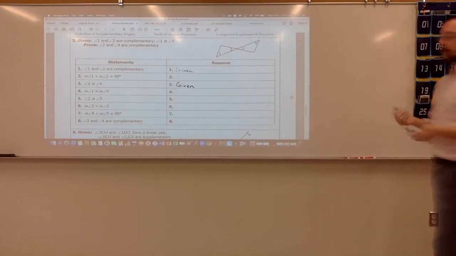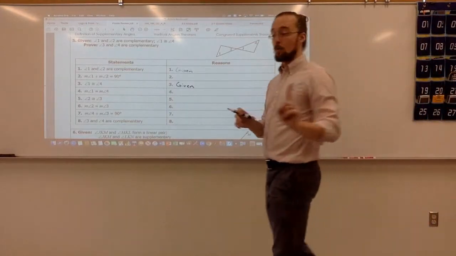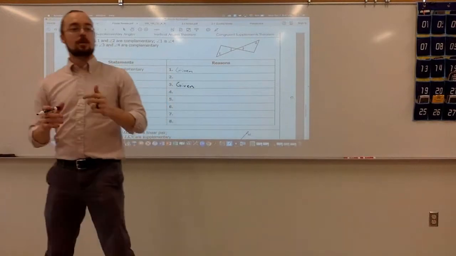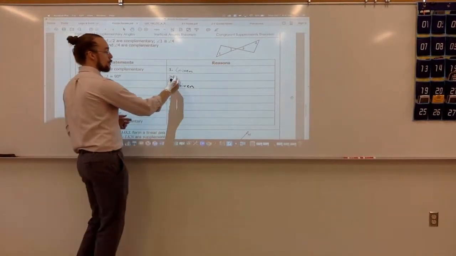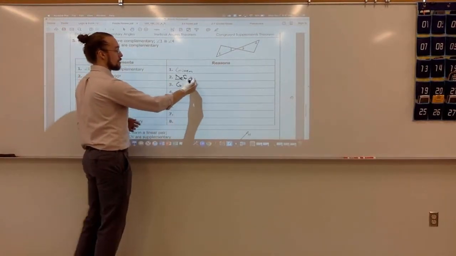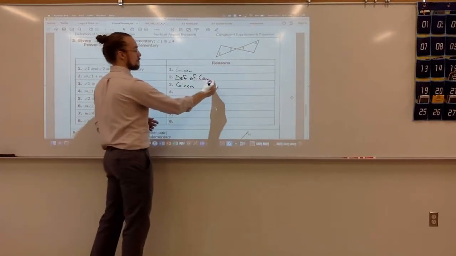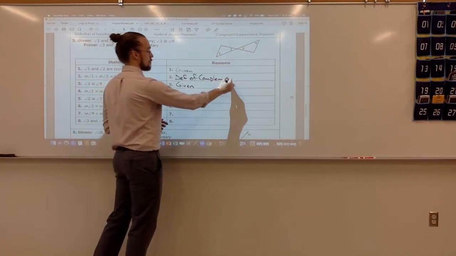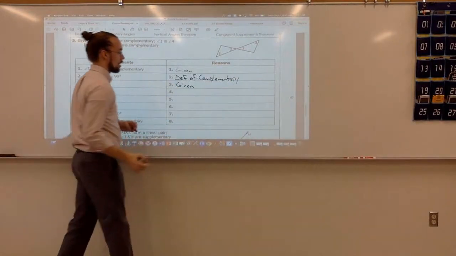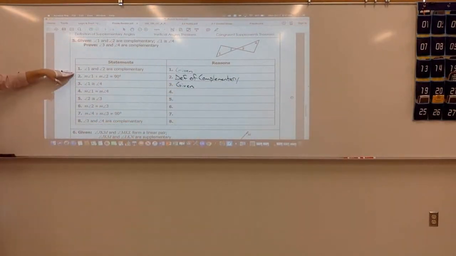If we're talking about a right angle, we're talking about one angle being 90 degrees. If we're talking about complementary, we're talking about two angles adding to 90.